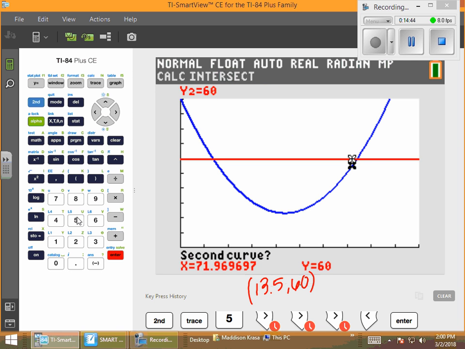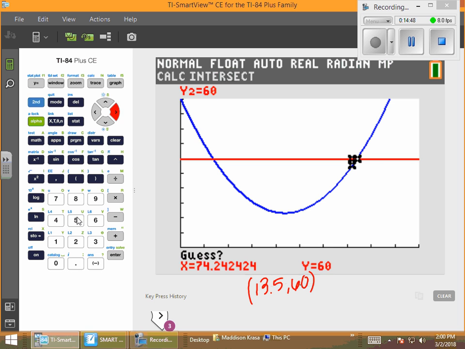Press enter. Second curve, enter, and then our guess. All right, that one's about, I would probably round it to 74, because if we have 0.98, we'll be at 74.60.